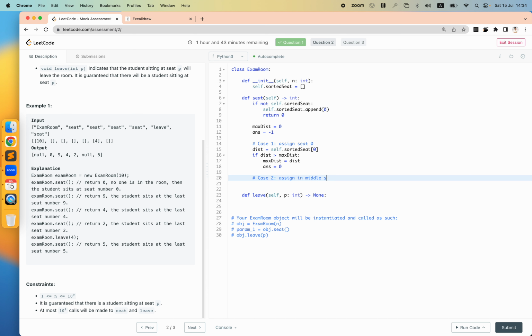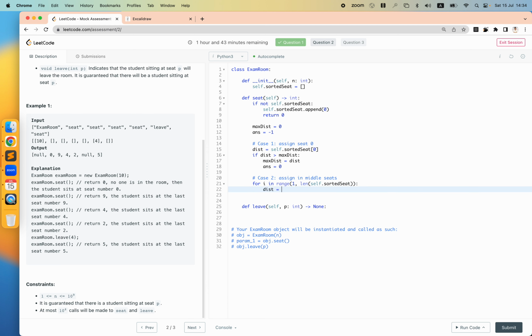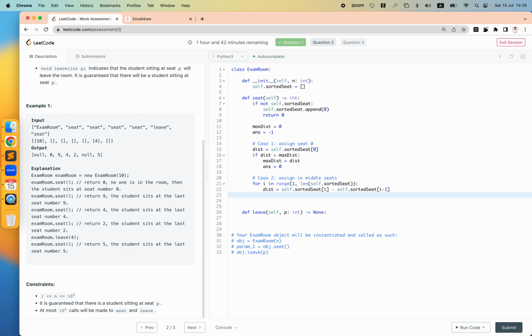Okay. Then in the middle, loop from 1 into length of it. Distance will be this one minus this one, divided by 2, right?